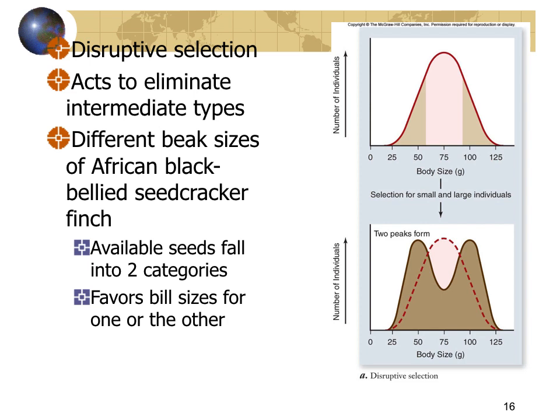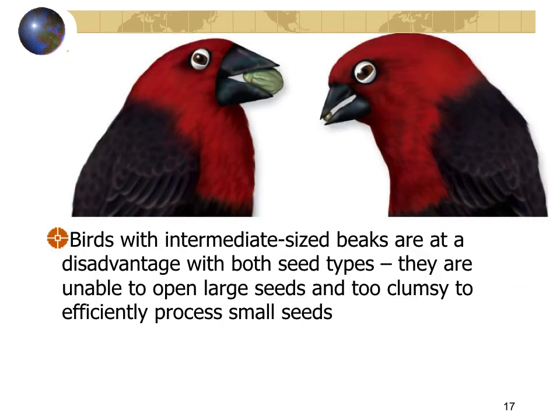Having a very large beak lets you handle the large seeds efficiently. Having a small beak lets you handle small seeds efficiently, and intermediate beaks are just poor at handling seeds. And so you see this phenotype difference where there are lots of individuals with very small beaks and lots of individuals with large beaks. And so we see these in certain natural populations.